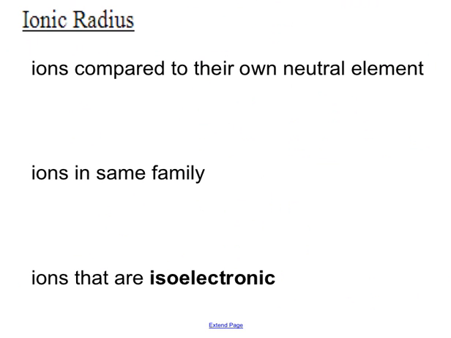Y'all ready for ions? Here's the thing about ions: in order to get any credit for comparing different ions, you have got to talk about the proton to electron ratio. There are too many students that miss this.